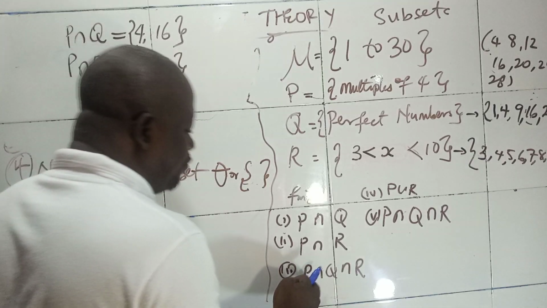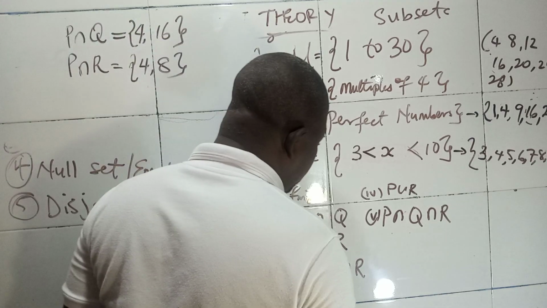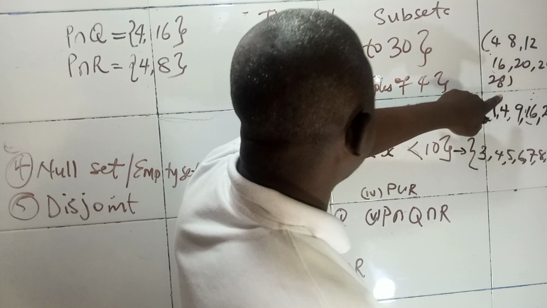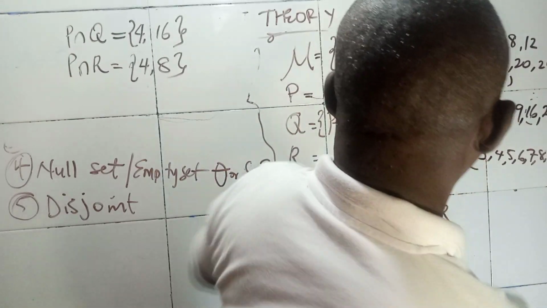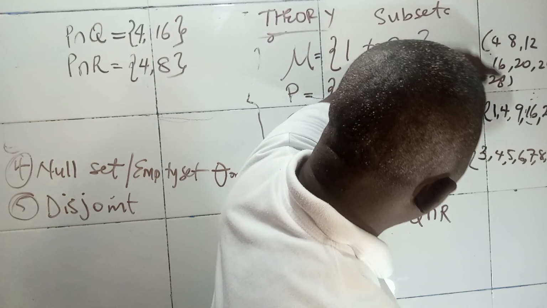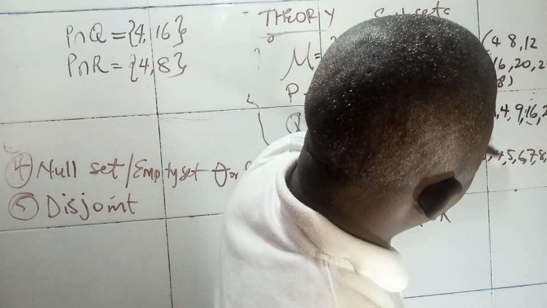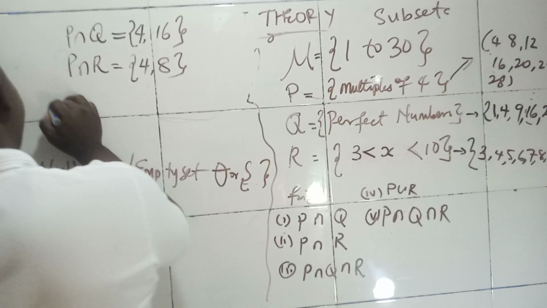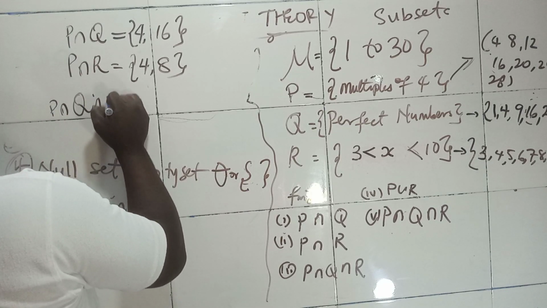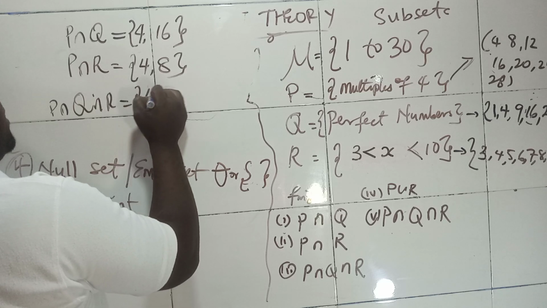The next question, P intersection Q intersection R. Meaning what I can find in P, I can also find in Q, I can also find in R. You now go to this one. This is P. P, we have 4. Can we find 4 here? Yes. Can we find 4 here? Yes. So P intersection Q intersection R is equal to, the first one you can find is 4.